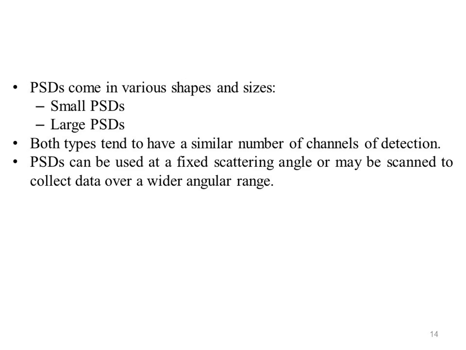Both types tend to have a similar number of channels of detection, 2 to the n, where n is equal to 9 to 12, so that the 2 theta channel width for the larger PSD is relatively coarse. PSDs can be used at a fixed scattering angle or may be scanned to collect data over a wider angular range.